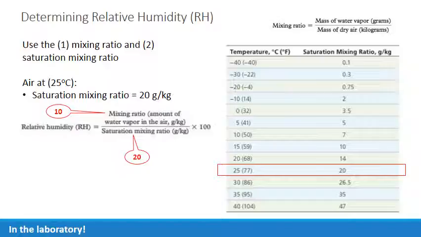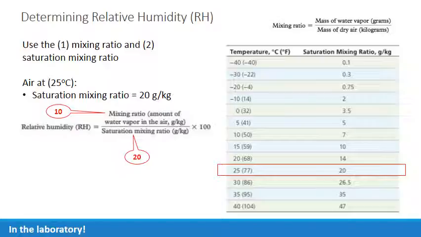Looking at a table like the one we used in the thought experiment in the last video, you can see that at 25 degrees centigrade, air is saturated when it contains 20 grams of water vapor per kilogram of air. Okay, so that would be its saturation mixing ratio.